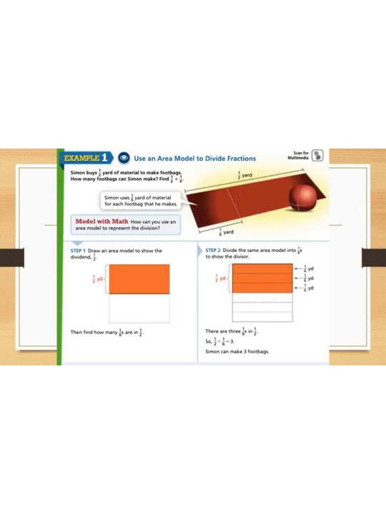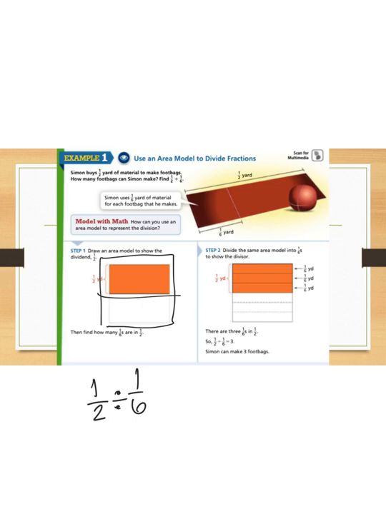Here they show you using a bar diagram how to divide 1/2 by 1/6. They take the full amount, which would be 1 whole, and they cut it in half to show you 1/2 of a yard.